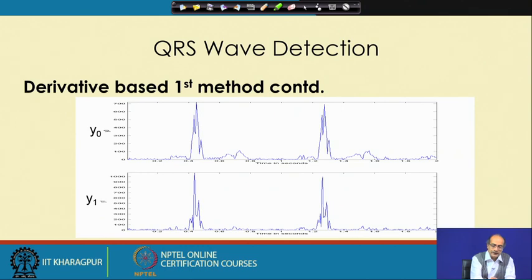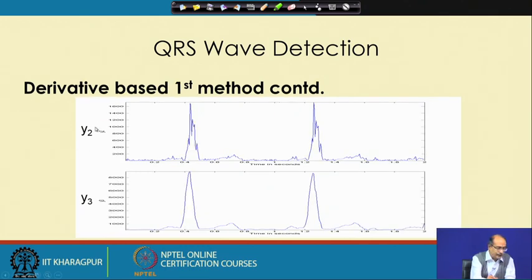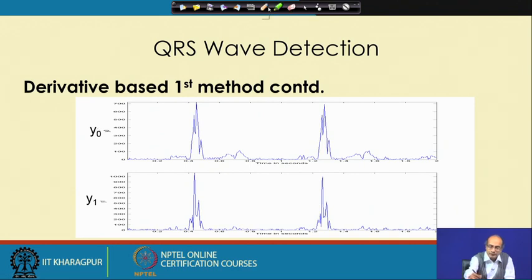That y0 is the first derivative here, and this is the second derivative, okay, y0 and y1. So, the signals we get out of them, from the amplitude we see, are very much jagged. Okay.